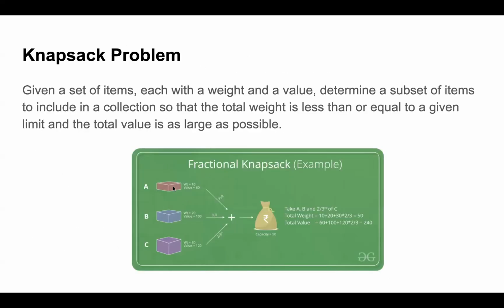A we could take whole, B we could take whole, but what about C? C could not go whole, so we parted that C. We divided that C into parts, and whichever part will fit in the knapsack will be taken as the solution. Okay.